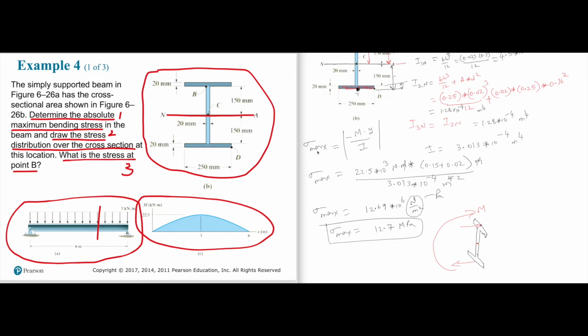That means you get stress to be 0 on the neutral axis. This is how the stress distribution is, right? So draw the stress distribution of the cross section. Yeah, this is the stress distribution of the cross section, where this is 12.7 megapascal and this is also 12.7 megapascal.